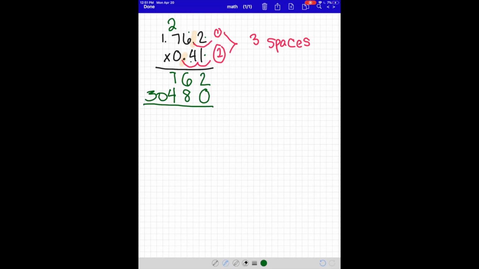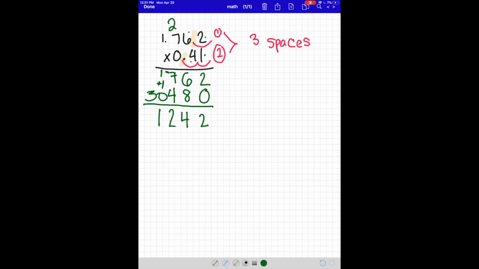Then you're going to add them all together. So 2 plus 0 is 2. 6 plus 8 is 14. Carry your 1. You're going to add your 1 to this 7. So it's really 8 plus 4 is 12. Carry your 1 over here. 1 plus 0 is 1.